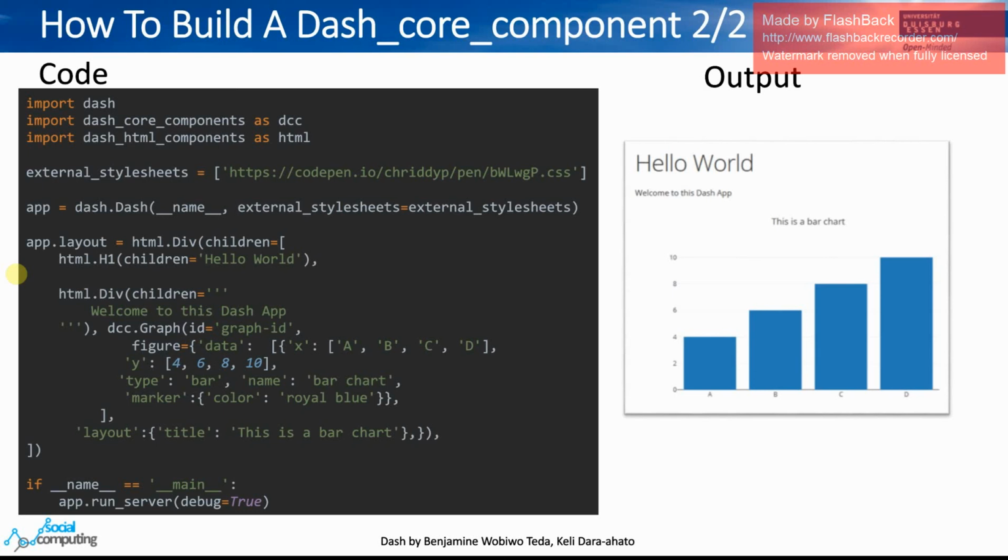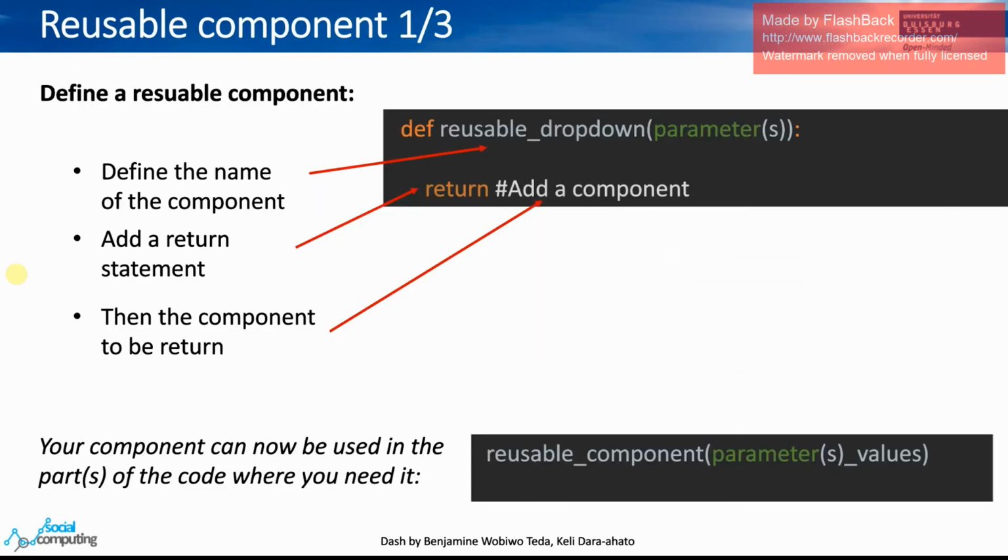Since one of the goals of Dash is to enable the creation of complex components with less code and without switching contexts or languages, it offers the possibility to create complex, reusable components.